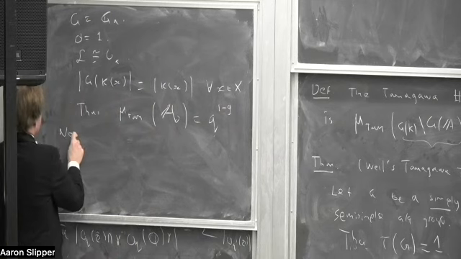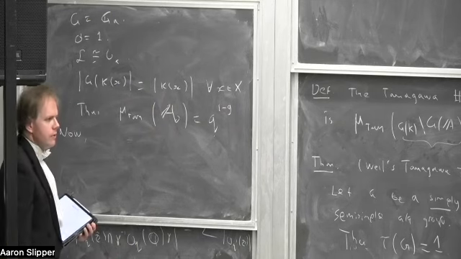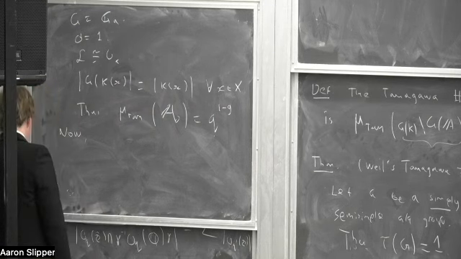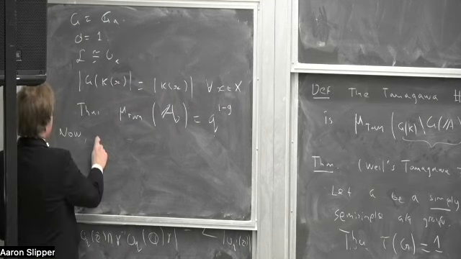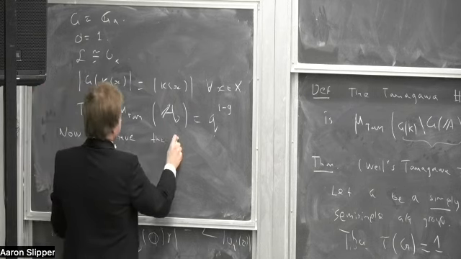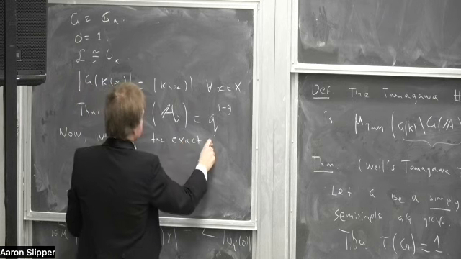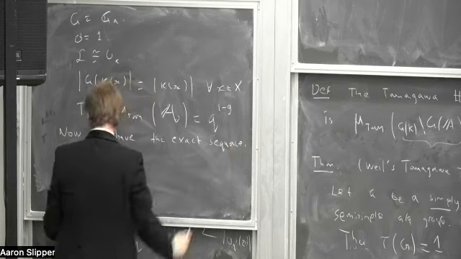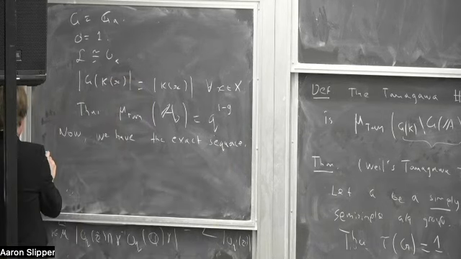Now, there's this old Weil exact sequence, which I'm going to write in a slightly fancier way here, using the terms that we have. We have the exact sequence. Exact sequences are like products, in that you run out of space on the board.